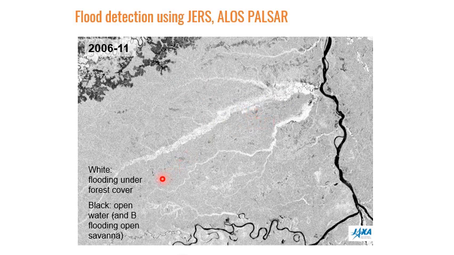So you see here the flood under the forest with the white color. So you see here, this is flood area. Here it's open waters. You see this different color. So this is good, right? So easy to recognize.